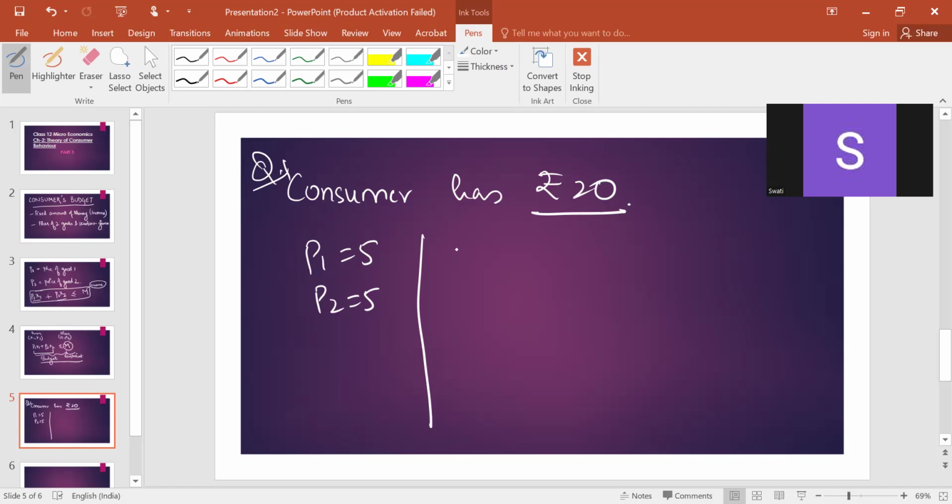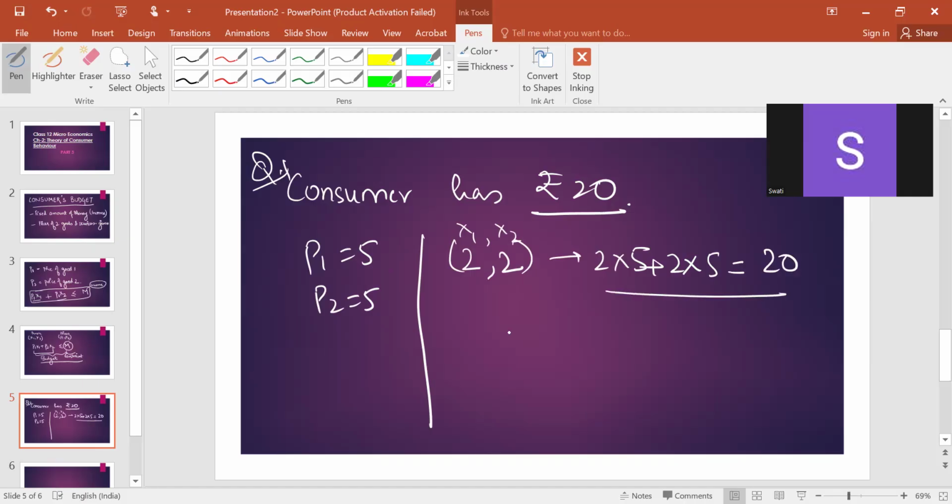Let me mention X1, X2 here. If he takes 2 quantities of X1, he can purchase 2 quantities of X2, so it would be 2 into 5 plus 2 into 5 equals 20.